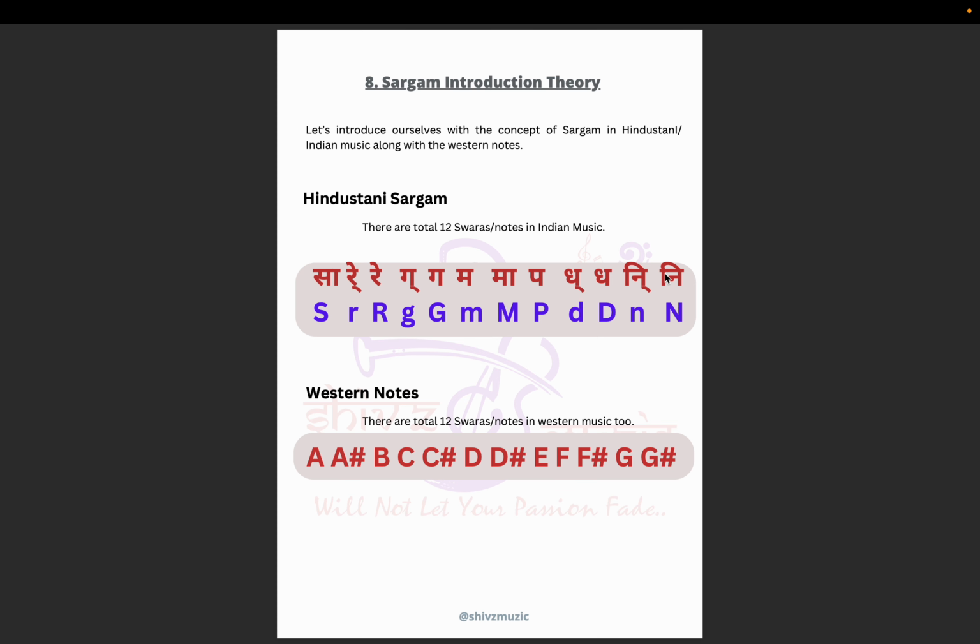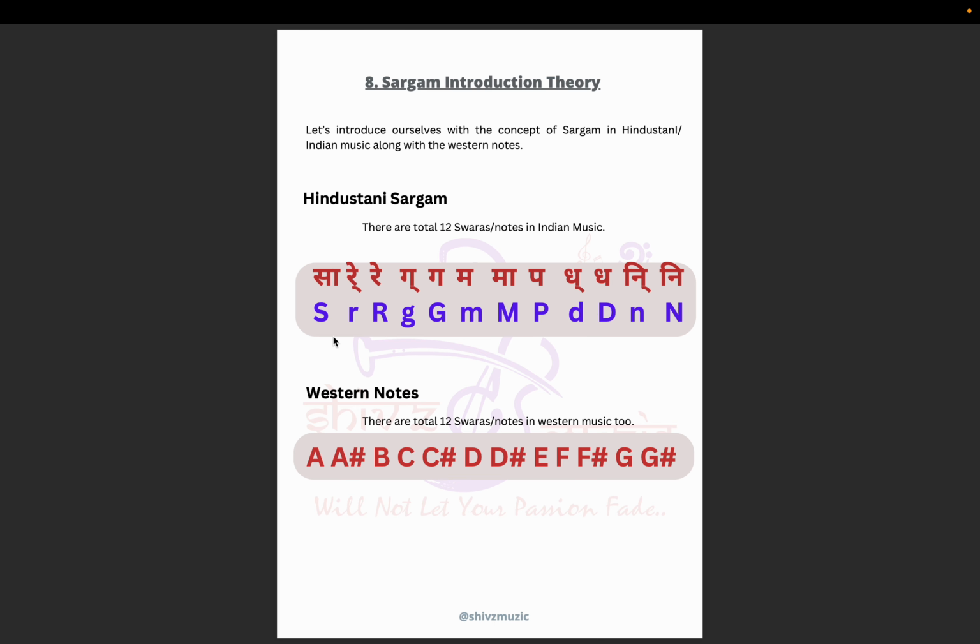The earlier note was Ni Komal, pardon for that, and Ni Shuddh is denoted by capital N. If you count this: 1, 2, 3, 4, 5, 6, 7, 8, 9, 10, 11, 12. So there are a total of 12 different notes in Indian music.